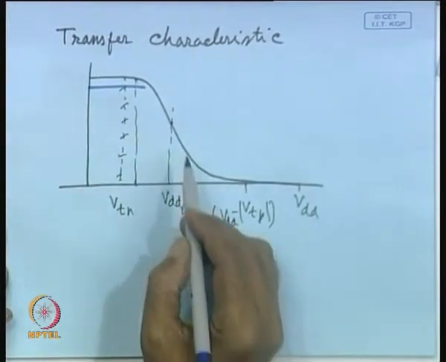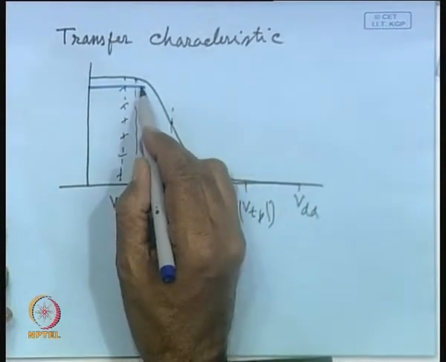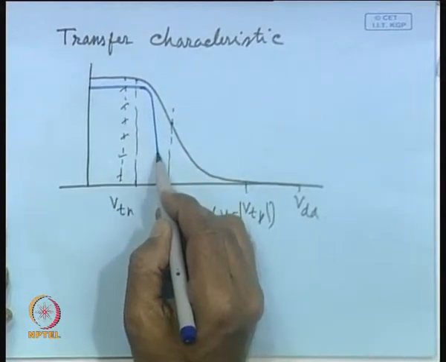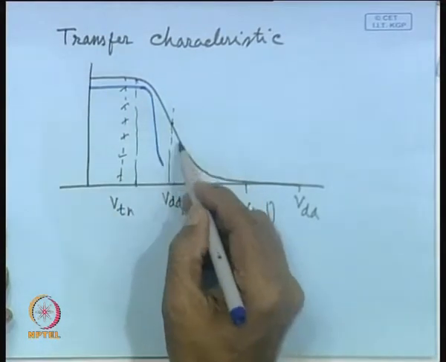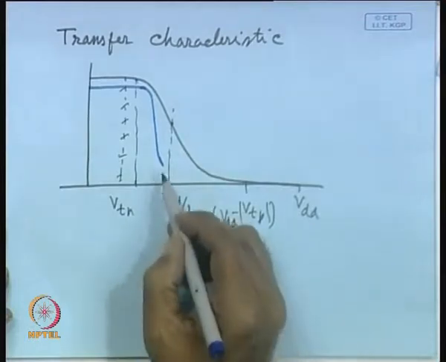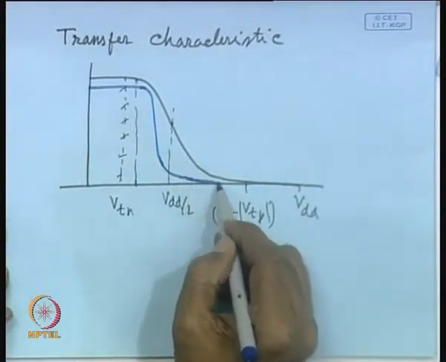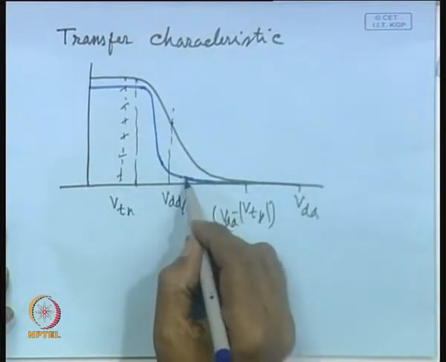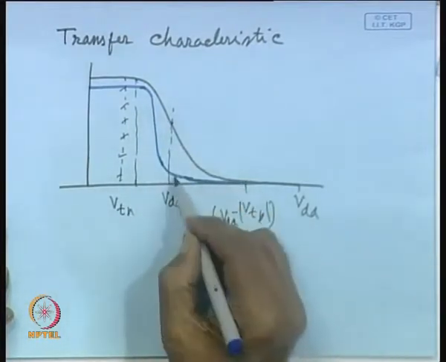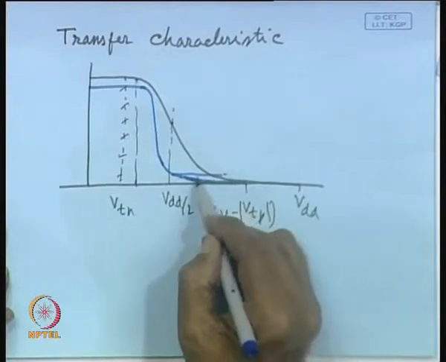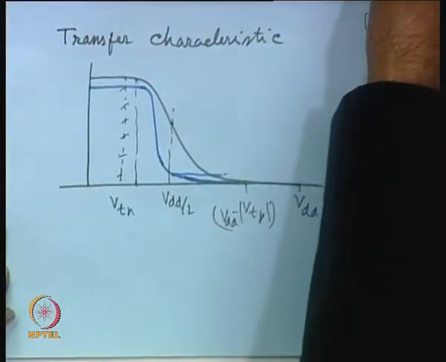So, what will happen? Here the transition will occur very fast, not slow like this one, and then it will remain somewhat like this. That means the transition will occur very fast, but it will also not go to 0. Why will it not go to 0?